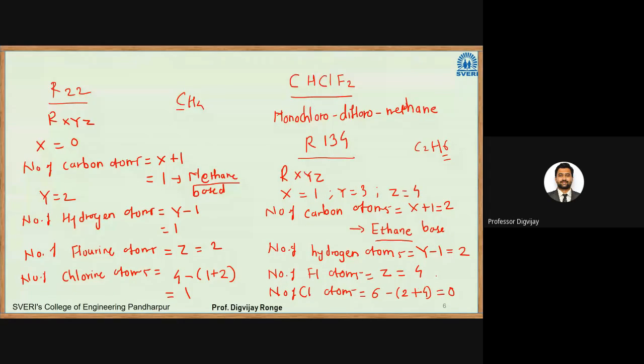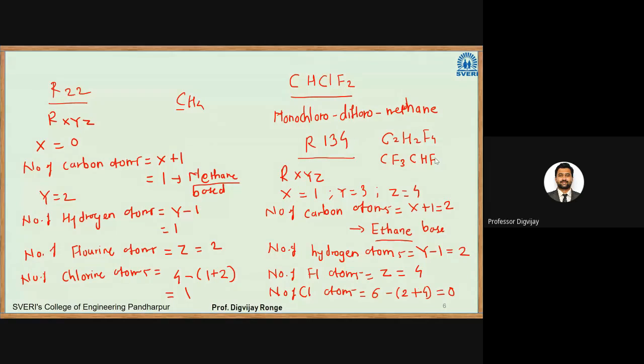Okay, so this formula many of you have written in the answer. I will write that as it is: C2H2F4. But if you see its chemical composition, it is more like CF3, then CHF.